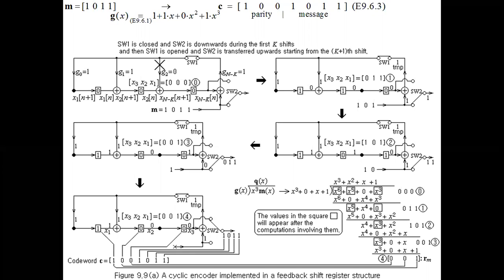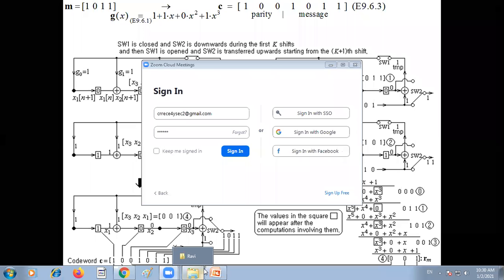What is the x power of 1 value? It is 1. X power of 0 value is 1, x power of 1 value is also 1. And the x power of 2 value.